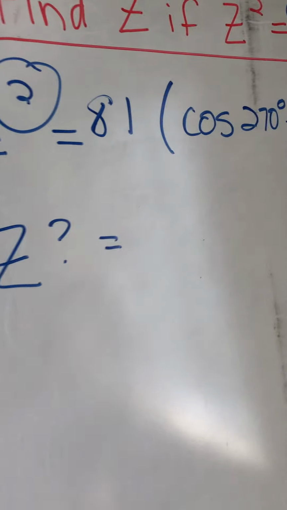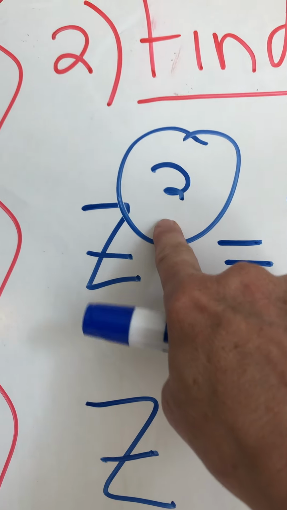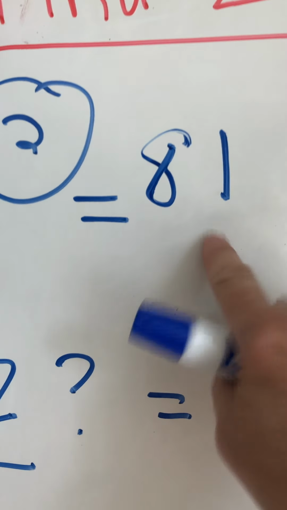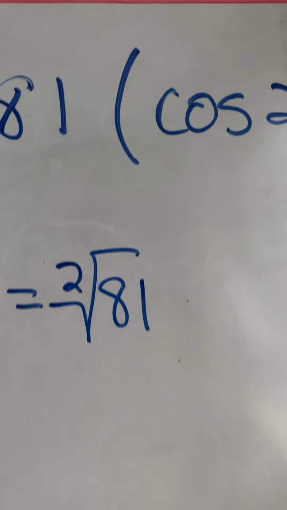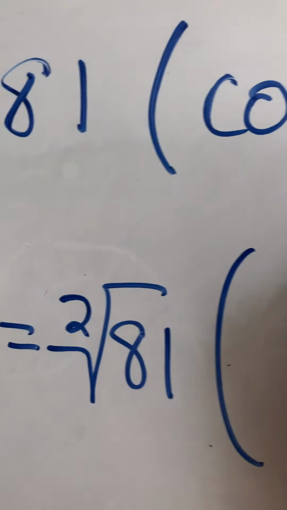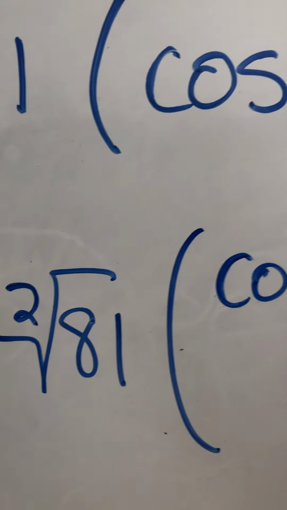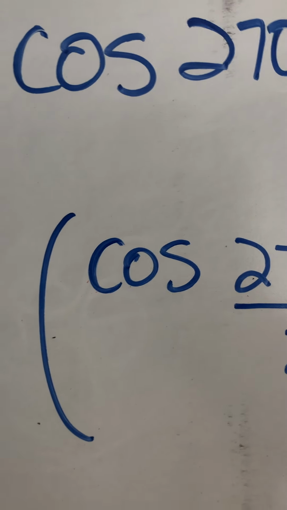Let's do that. We're squaring, so we're going to take the square root of 81 according to our formula, and we are going to divide each of our angles by 2, by that exponent.